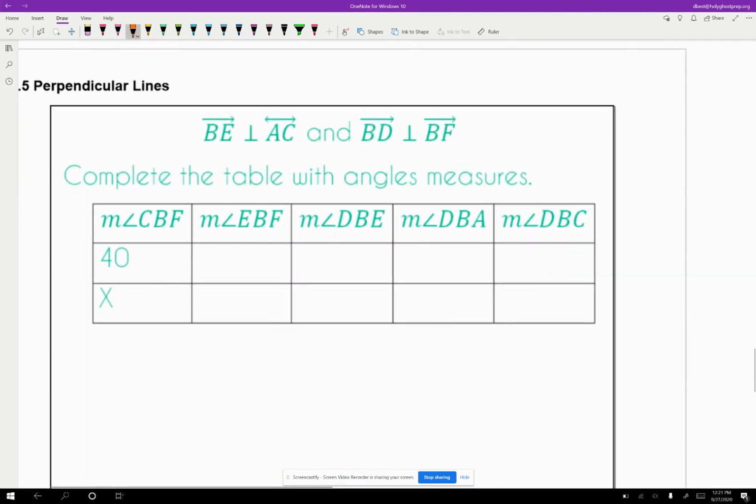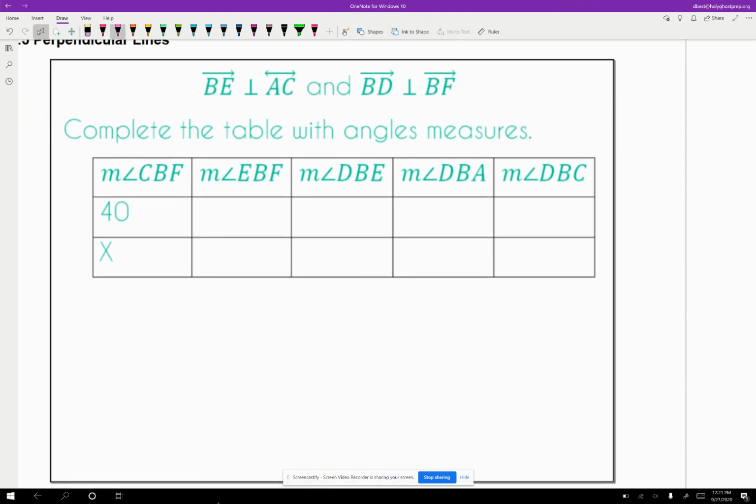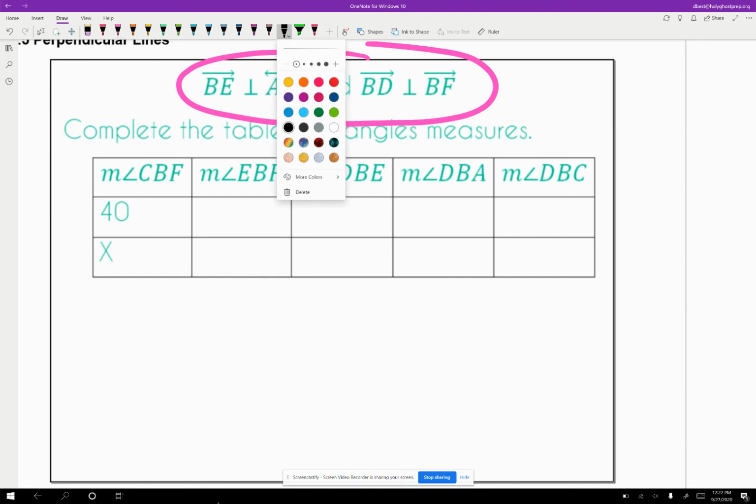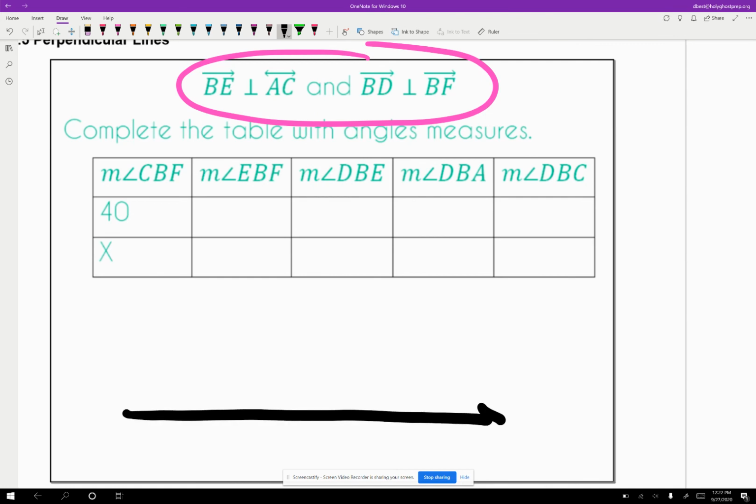Your next little practice section here, we are going to draw another diagram to help us. And we have this given information about our lines up here we want to work with. So anytime you're not given a picture, draw yourself one. It's going to be much easier to work through the problem if you have something to look at. So here's what our diagram is going to look like.